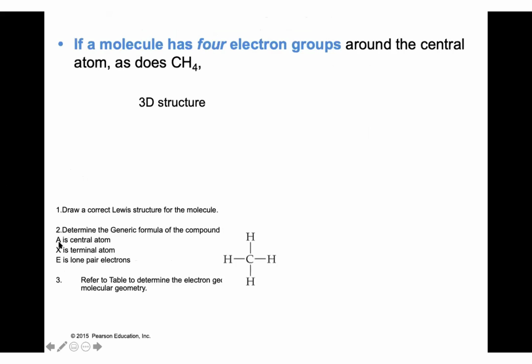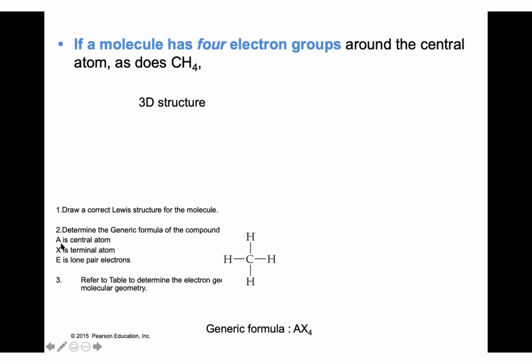A is always the central atom, always comes first. Then we have terminal atoms, there are four, and we have lone pairs if there is a lone pair around the central atom. So the generic formula for CH4 is AX4. Do you agree with me? So C is the central atom, right?